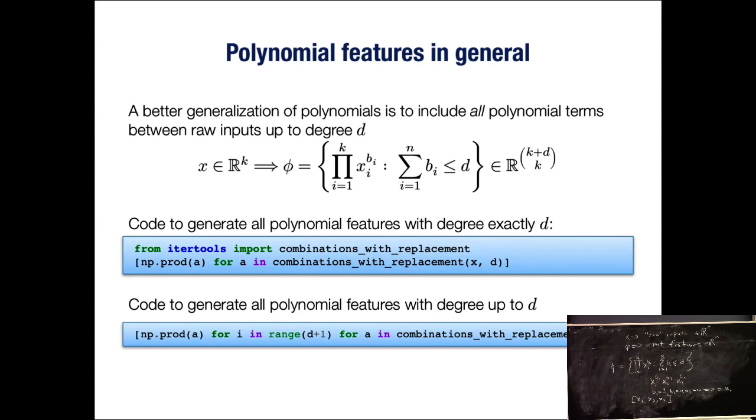It's just a little trick. So this is one line of code to generate all the polynomials. If you do this yourself without knowing that, it can be a lot longer, so I would recommend just doing this.